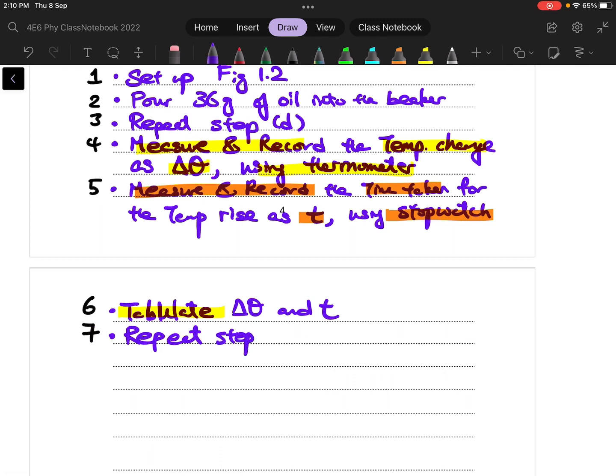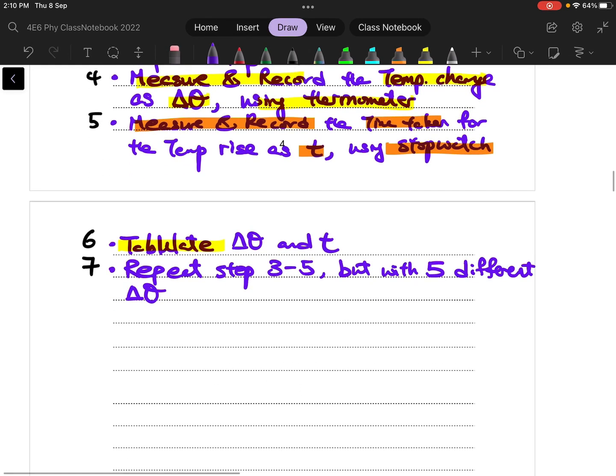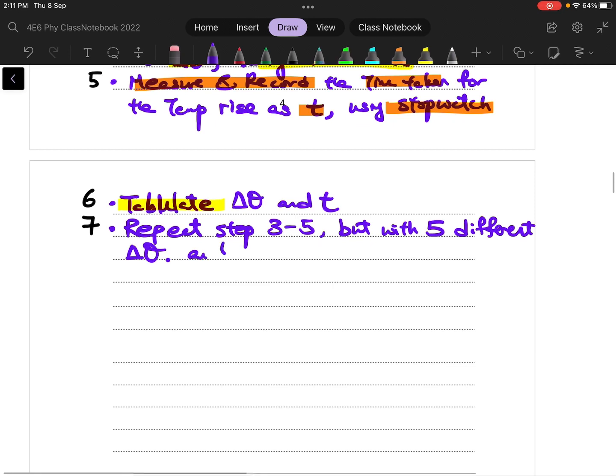So I should repeat steps 3 to 5, but with, I shouldn't just say how many different ones, with 5 different delta theta, and obtain the corresponding T. You can see that my phrasing, right, is not fixed.